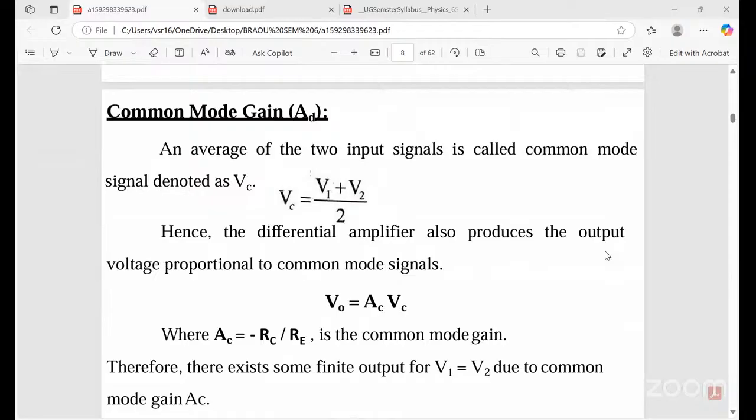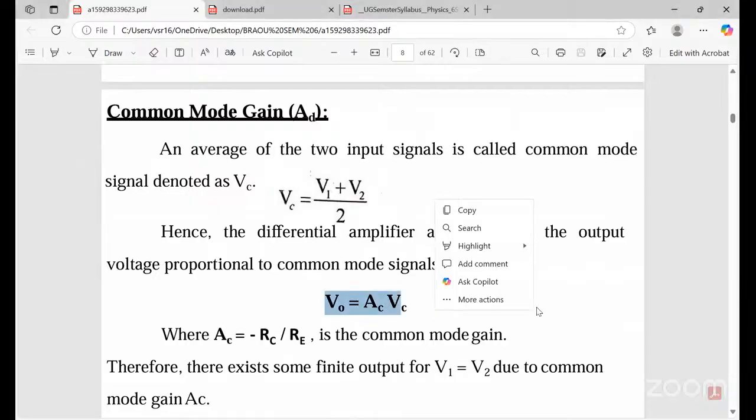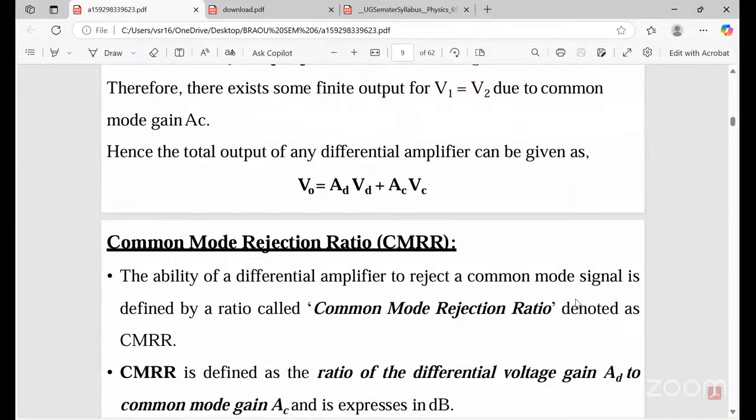The differential amplifier also produces an output voltage which is proportional to the common mode signal. So V naught equals AC into VC. What is AC? It is the negative ratio of the collector resistance RC to the emitter resistance. This exhibits some finite output for V1 equals V2 due to the common mode gain.